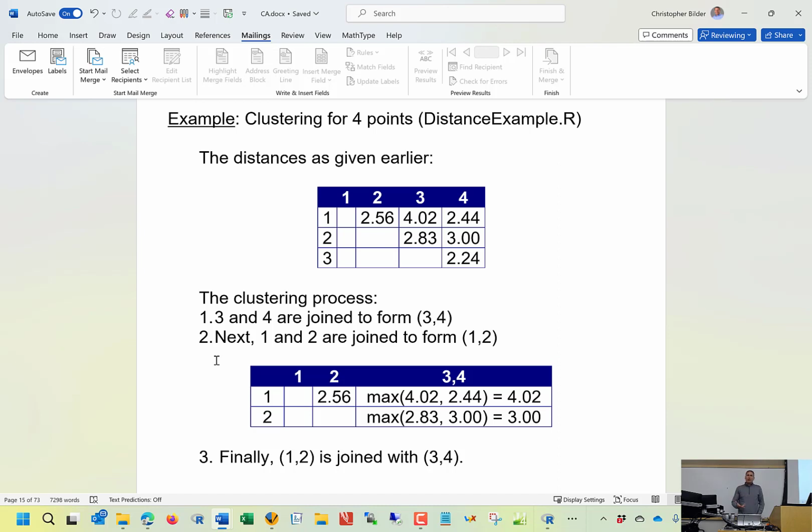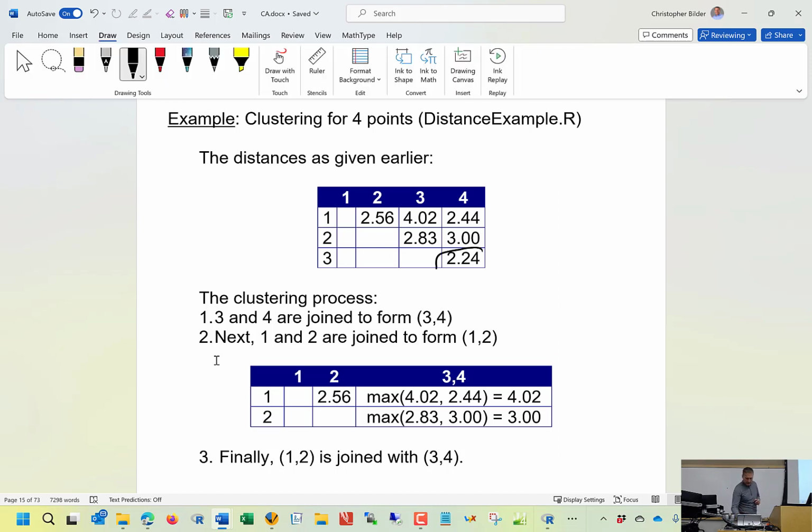The measure of similarity here is Euclidean distance, and I'm always deciding which clusters to put together by looking at the smallest distance between the clusters. In this particular case, if I start off with 4 clusters, observations 3 and 4 are joined together.